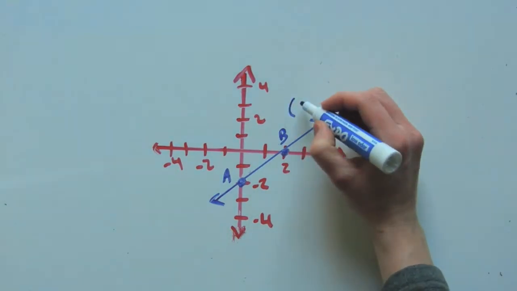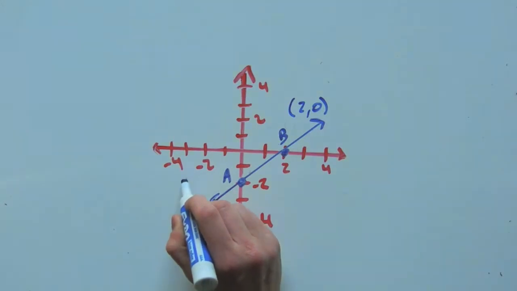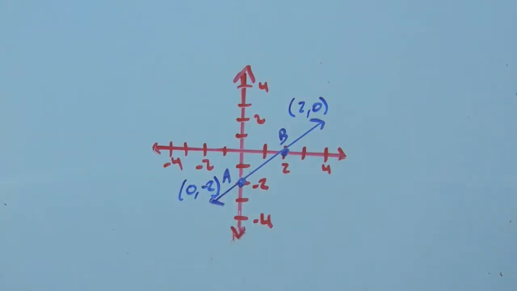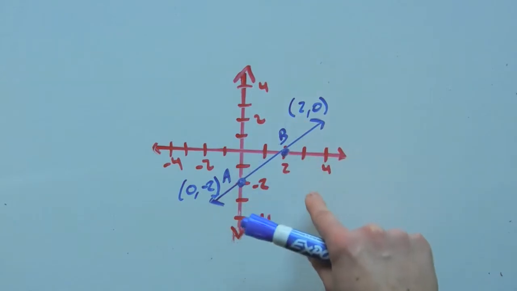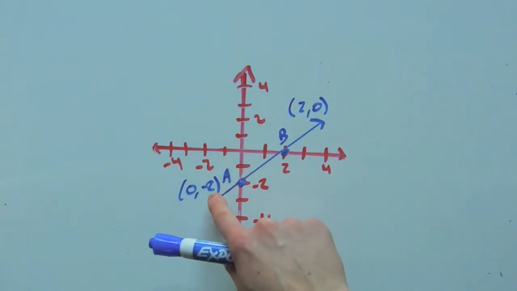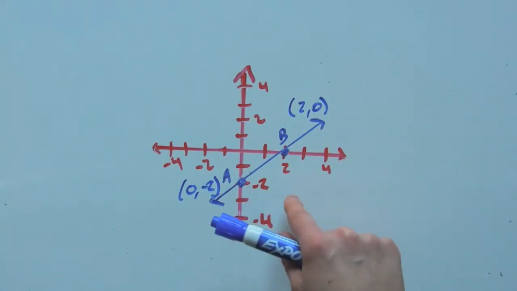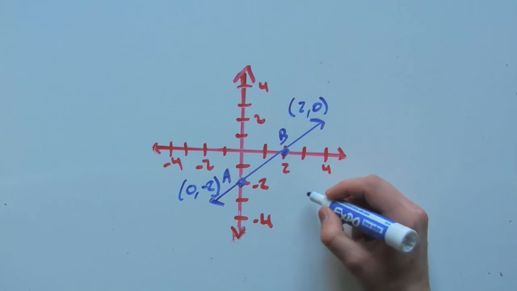B falls at coordinate (2, 0), and A falls at coordinate (0, -2). To find the midpoint, we're going to add the x coordinates together and divide by 2, and then the y coordinates together and divide by 2. Those will give us our x and y coordinates for the midpoint, respectively.